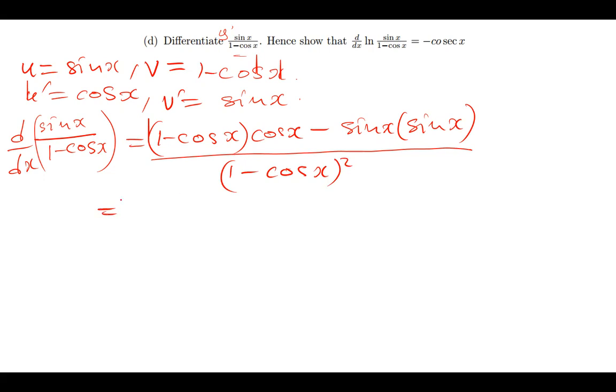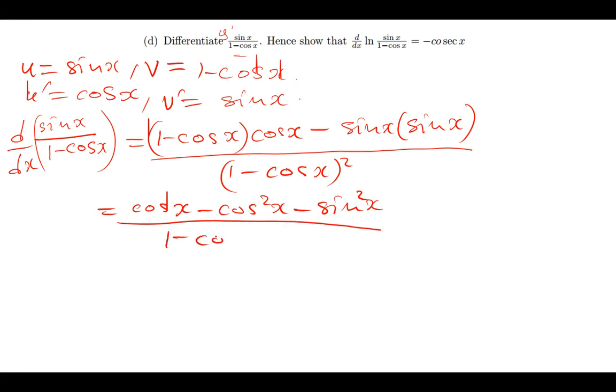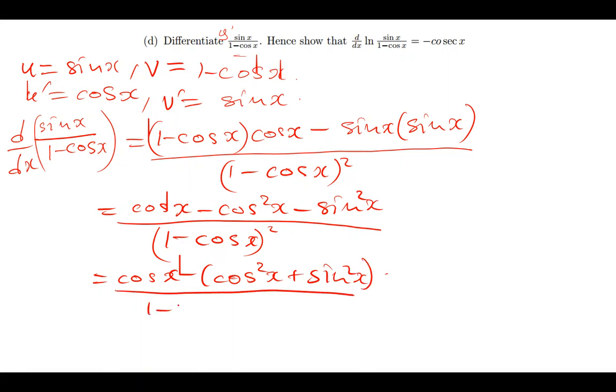To find the final answer, when you open the brackets, you're going to have cos x minus cos squared x, and then minus sine squared x, and then everything divided by 1 minus cos x, squared. When you simplify this, we factor out the negative, and we remain with cos squared x plus sine squared x in the brackets.